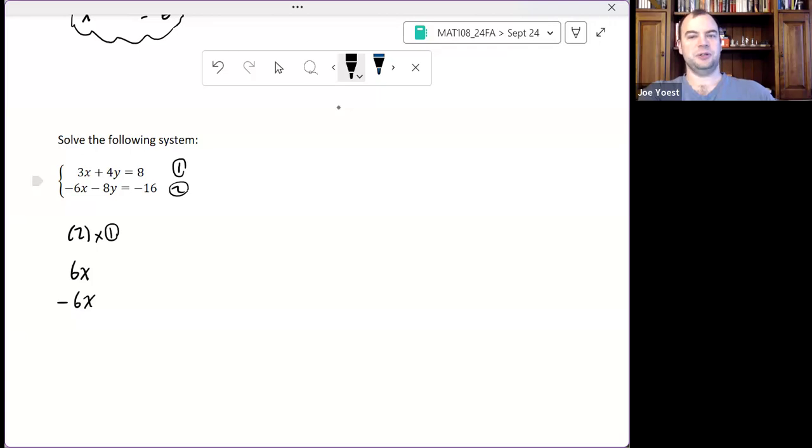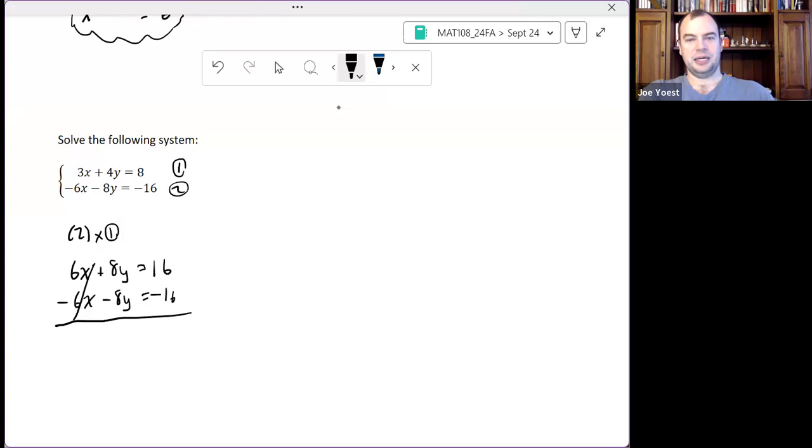But let's make sure that we do the rest of the work carefully. So I multiply equation 1 by 2. So 3x multiplies by 2 to 6x plus 8y equals 16. And then equation 2 just comes down, minus 8y equals negative 16. And I add these together, and my x's go away.